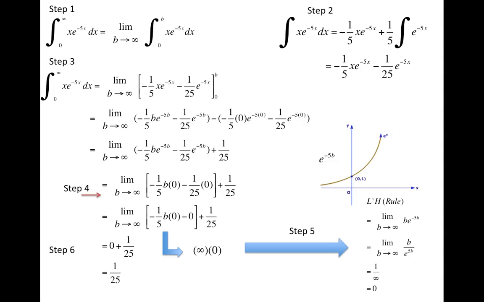As we plug in e to the 5b, which is e to the infinity, the e to the power of x graph goes to infinity. So we get infinity as a denominator and 1 on top. 1 over infinity is equivalent to 0. In step 6, we put 0 back into the equation, get 0 plus 1 over 25, and the final answer is 1 over 25.